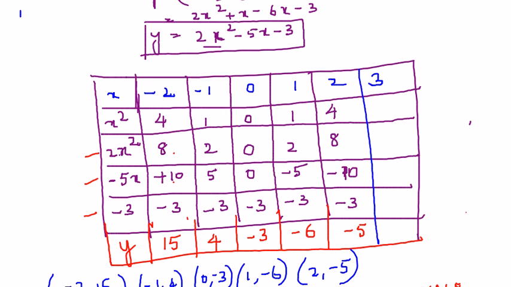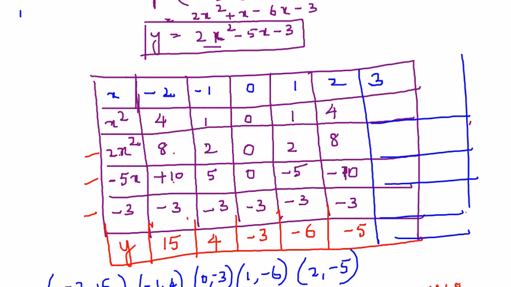That's why I'm going to take 2 more additional points, 3 and 4. For 3, 2x squared becomes 18, minus 15, minus 3, and I'll get 0 over here.